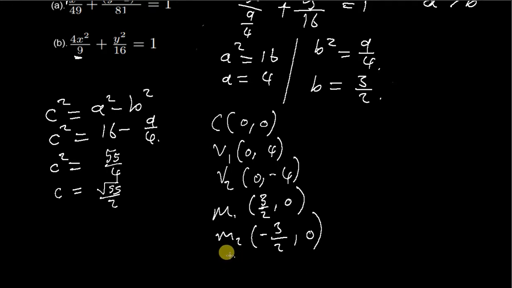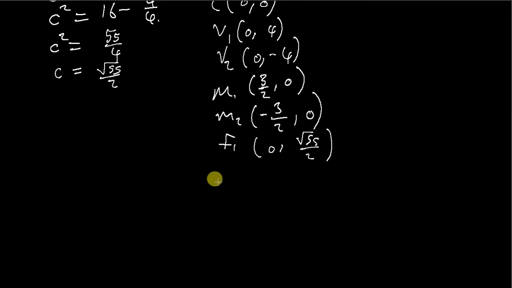So our f1, we just add c to the center and subtract c from the center. So c, when added to the center, we're going to have 0, root 55 over 2. Then we also have f2, which will be 0, negative root 55 over 2.